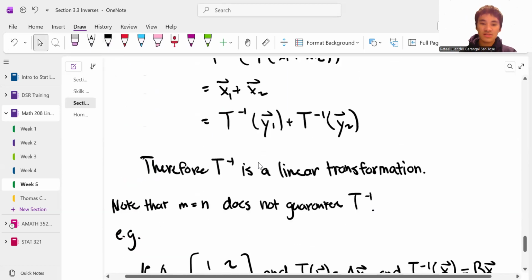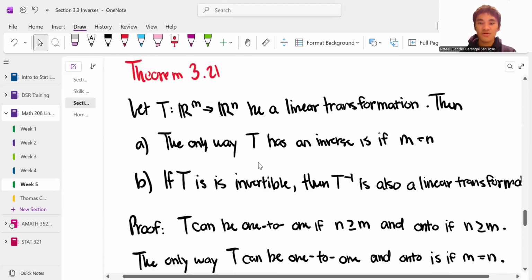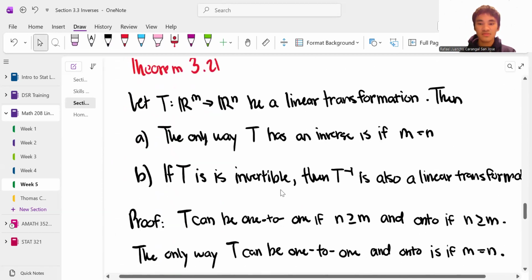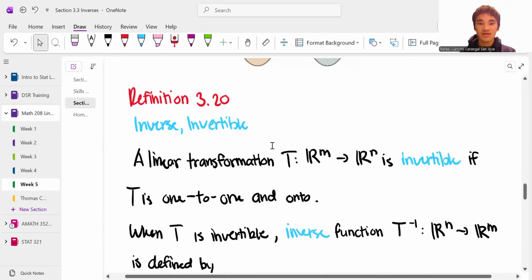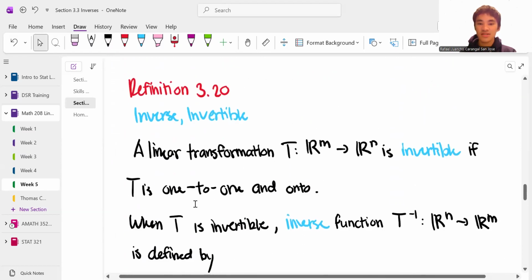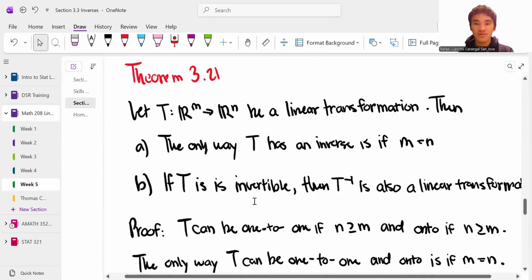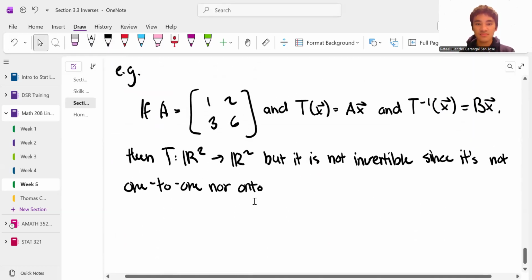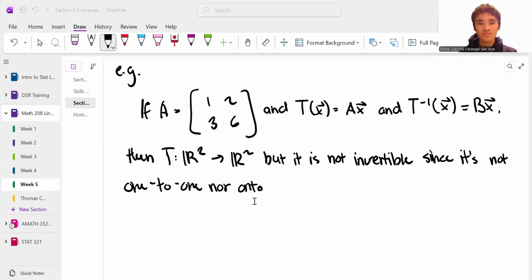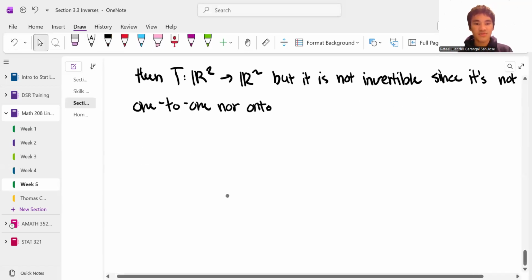So that means if it's not one-to-one and onto, it's none of these, so it's not invertible. There is no inverse. Okay? That's the idea. So we're really just connecting ideas together.